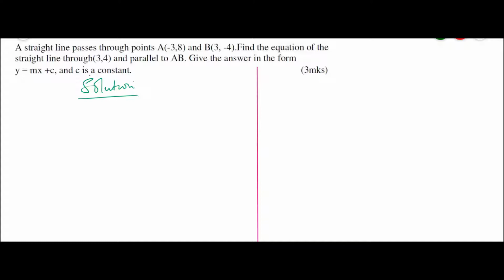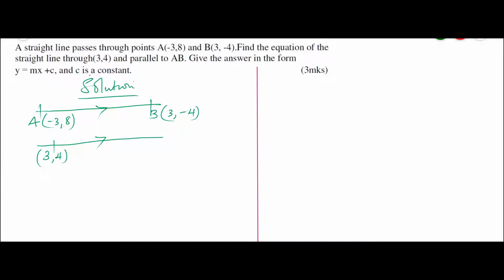So we have two lines. The first line is line AB, and the points are (-3, 8) and (3, -4). We have another line that is parallel to line AB, and this line is passing through (3, 4).